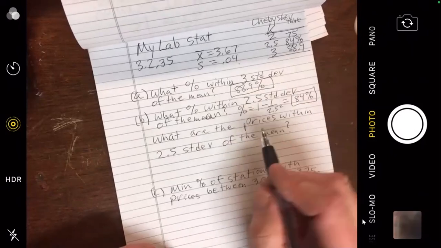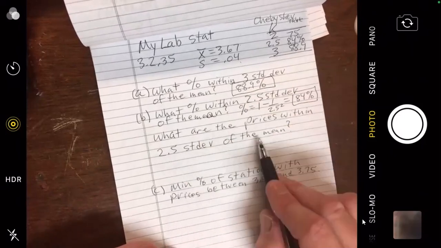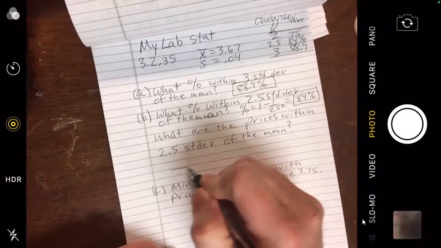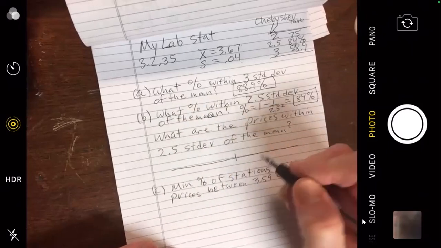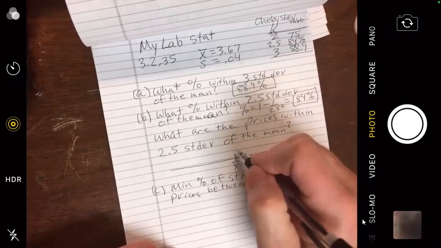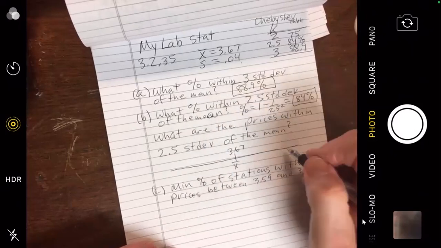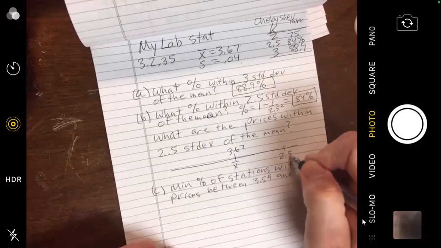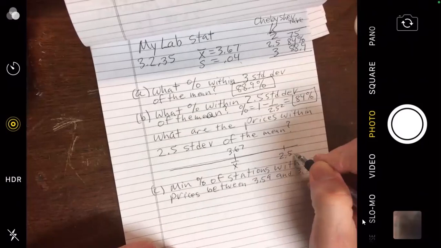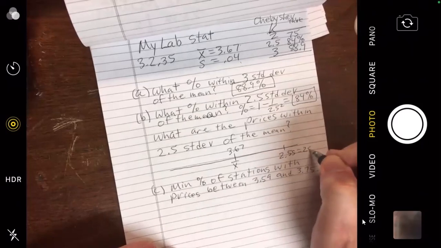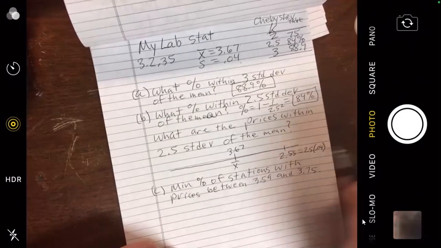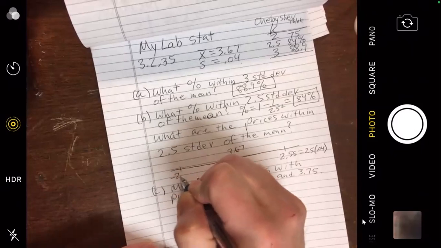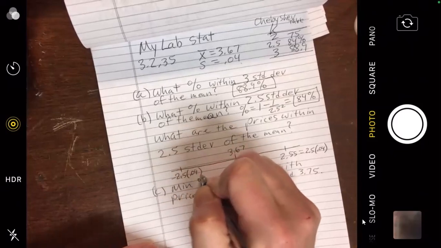Now, what are the prices within 2.5? So that's where you've got to draw out a statistical number line. Mean in the center, that's your 3.67. And then you want to be 2.5 standard deviations up, which means 2.5 times 0.04, and down times 0.04.